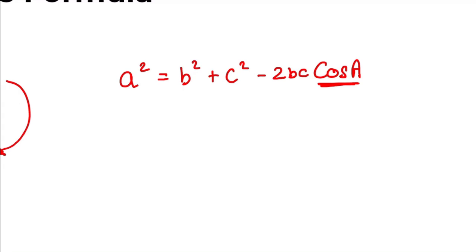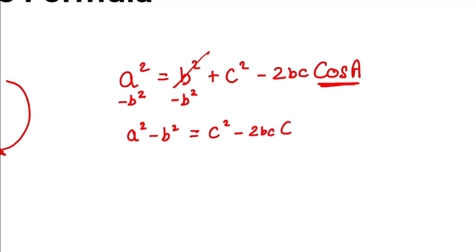So let's get rid of this b squared first. At the moment, this b squared is being added. So to get rid of it, we're going to subtract b squared on both sides. So you're going to be left with a squared minus b squared, and that's equal to c squared minus 2bc cos a.